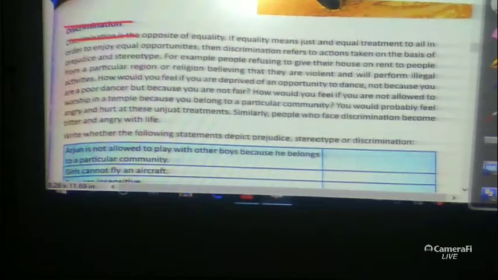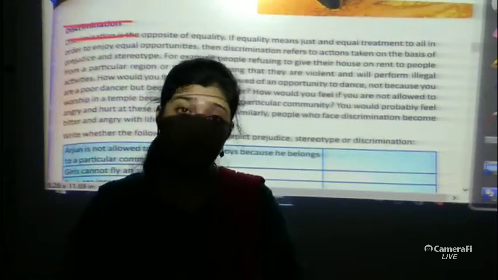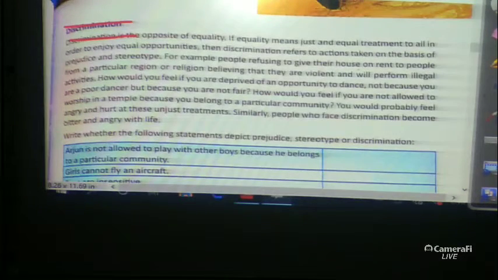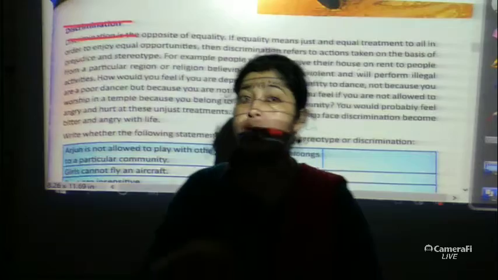You would probably feel angry and hurt at this unjust treatment. Yes, if it happens with me, then I will also feel anger and hurt by that type of behavior. Similarly, people who face discrimination become bitter and angry with life. So in this way, we discriminate against each other, and anger and bitterness fill our lives.